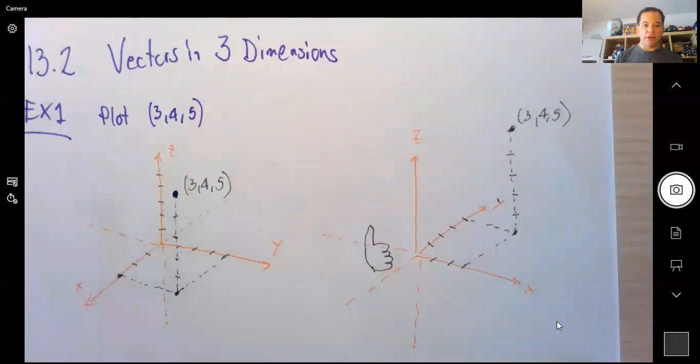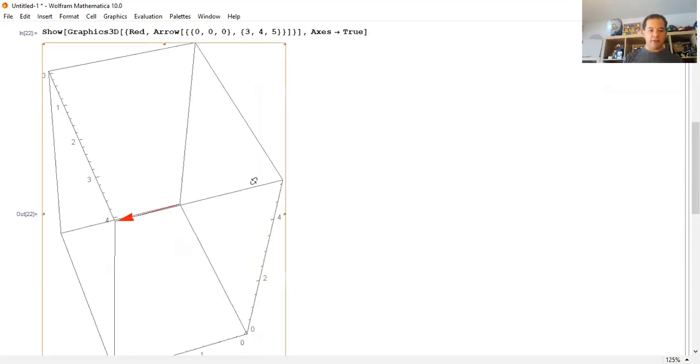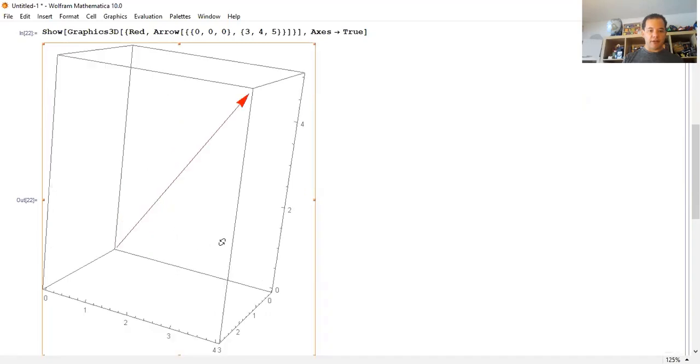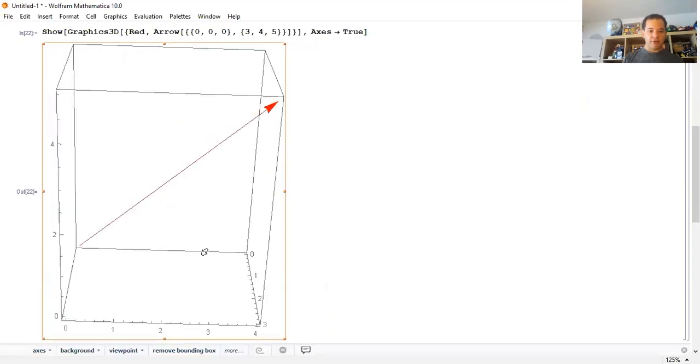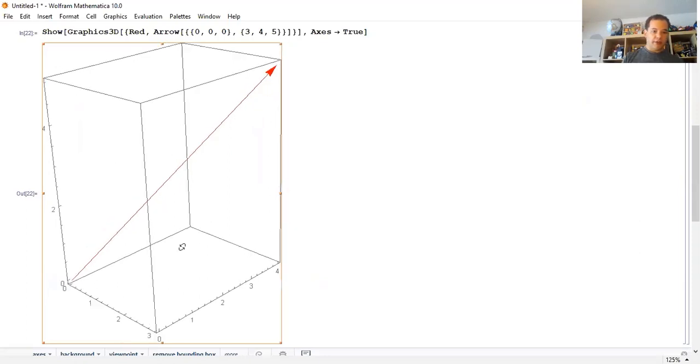Let me show it to you in a different way. So I have that point over here. I drew an arrow so that you can appreciate where it is, right? And here in Mathematica, I can rotate my picture around. Yes, and you can tell.